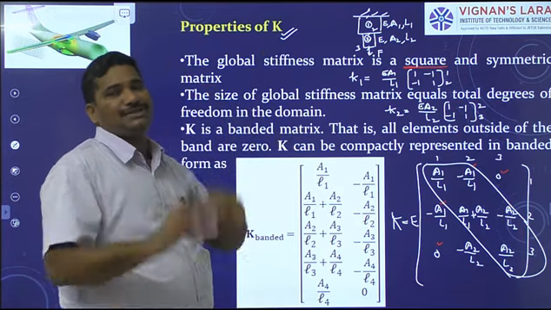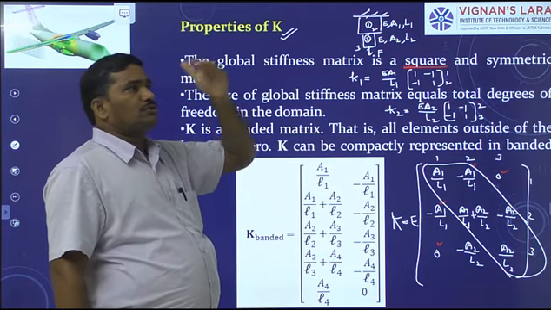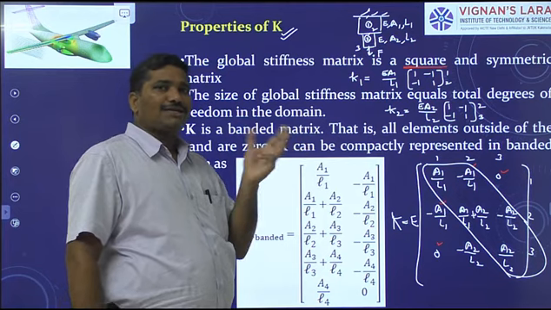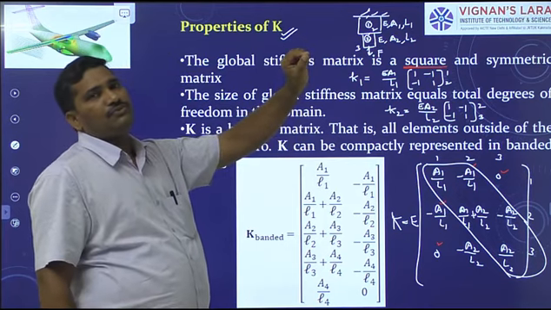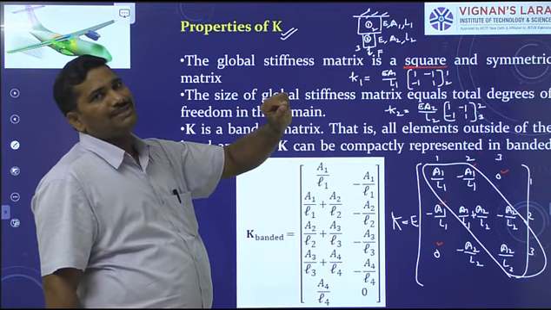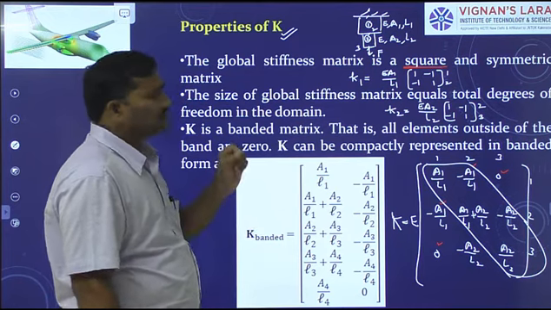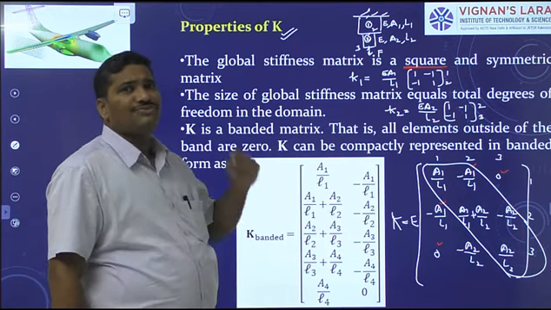If you take three elements, right? And give node numbering 1, 2, 3 and 4. With element node connectivity information, say node 1 is the first node of the first element, node 2 is the second node of the first element. Next, node 2 is the first node of the second element and node 3 is the second node of the second element.